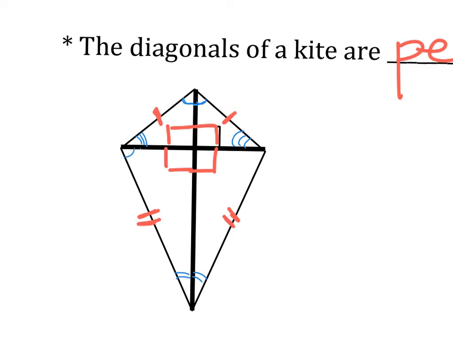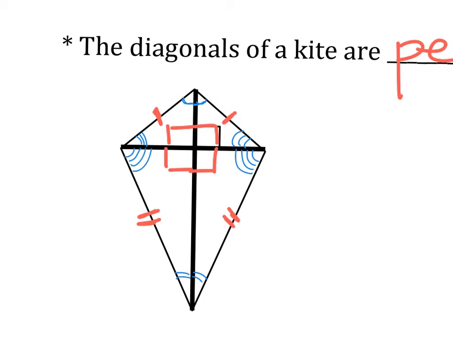So this one down here and this one here are the same, okay? And all of that is because of different triangle congruence. Like if you look at these two bottom triangles, you have HL there, okay? So that's how we know those angles are congruent, because you have congruent triangles.